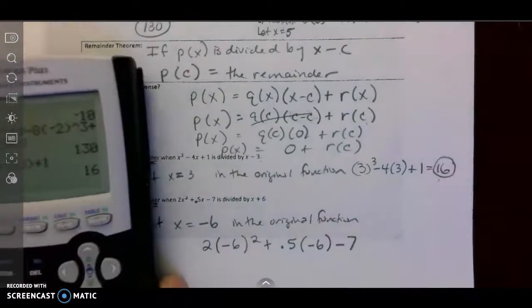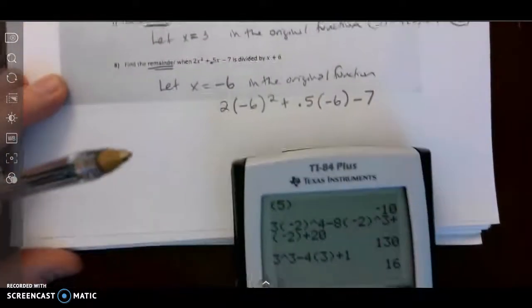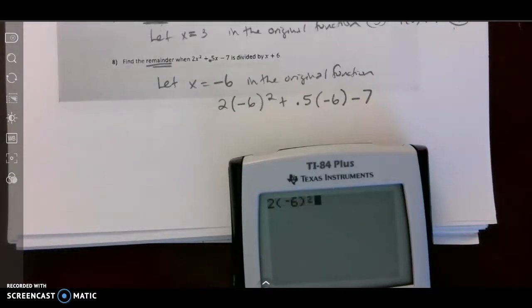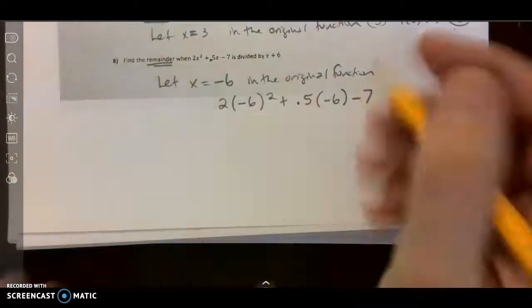I'll put that into my calculator here. 2 times negative 6 squared plus 0.5 times negative 6 minus 7, and I get 62.